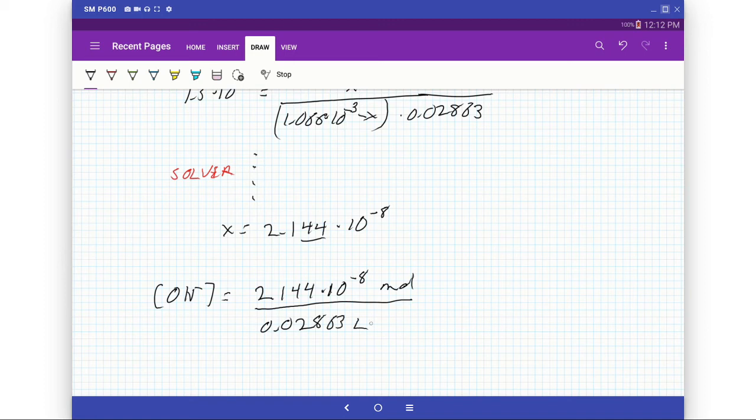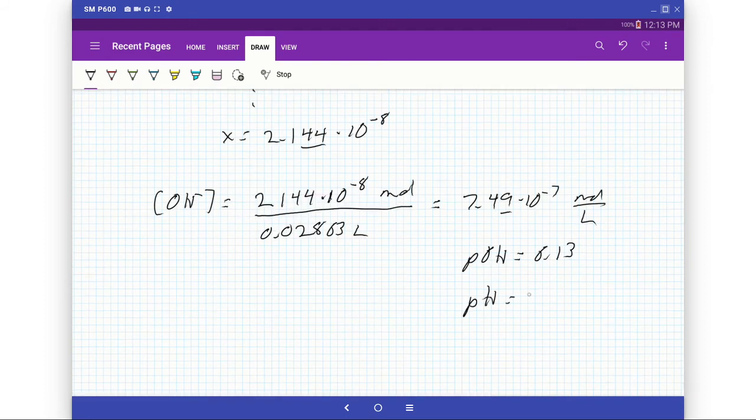As such, that gives a value of 7.49 times 10 to the minus 7 moles per liter, which gives a pOH of 6.13 and a pH of 7.87.